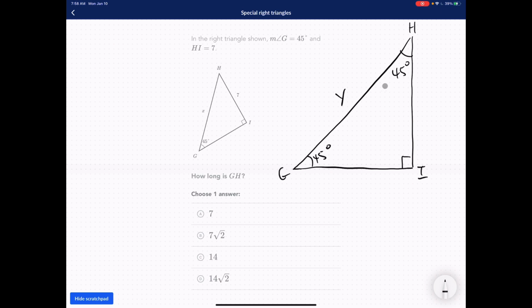Now 45 plus 45 is 90, and 90 plus 90 is equal to 180. Remember, all the interior angles of a triangle, if added up, will equal 180. So I got this now, and then once again, the length from H to I is 7.